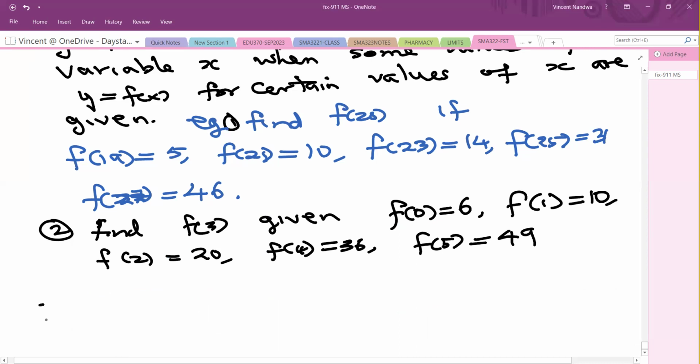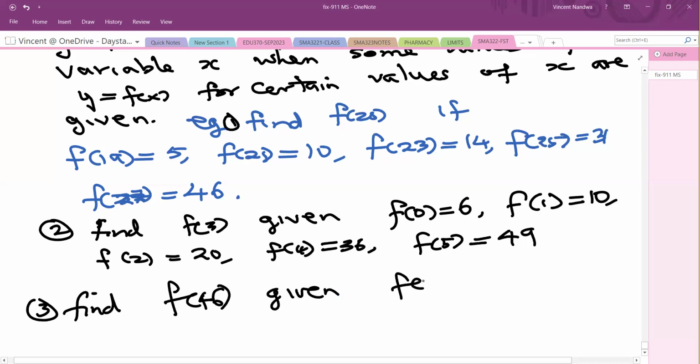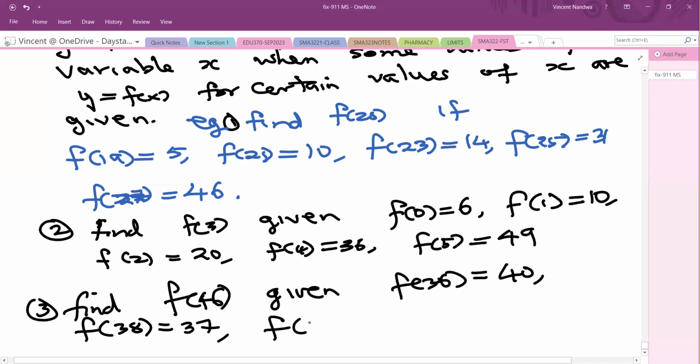Or we can have the problem find f of 46 given f of 36 is 40, f of 38 is 37, f of 40 is, say, 31, f of 42 is, say, 29.